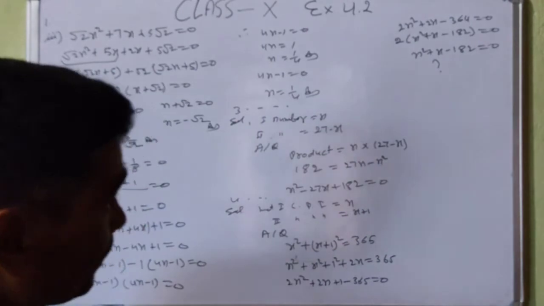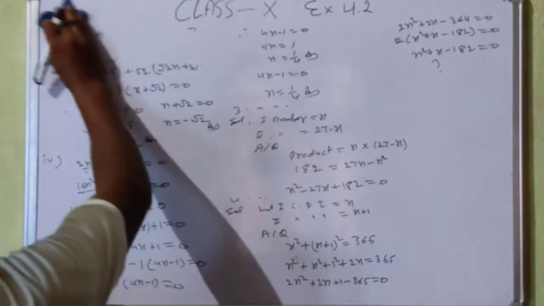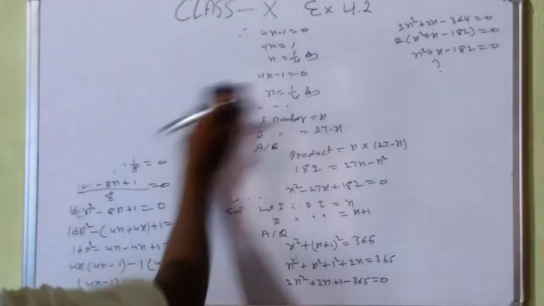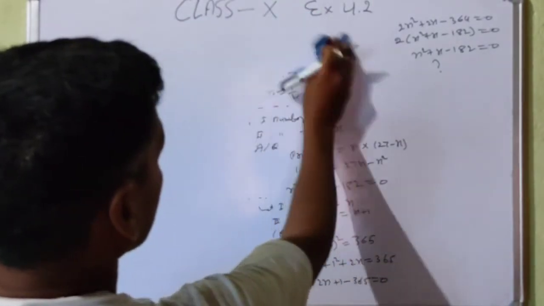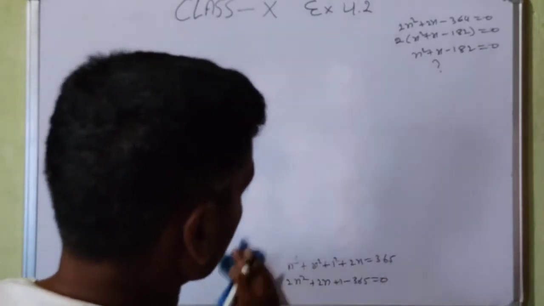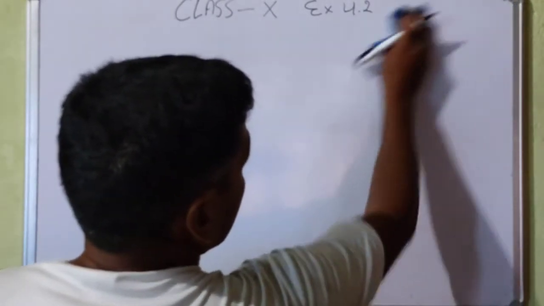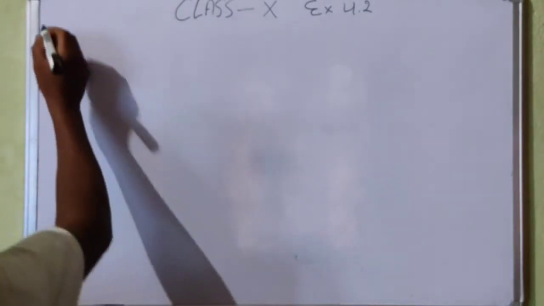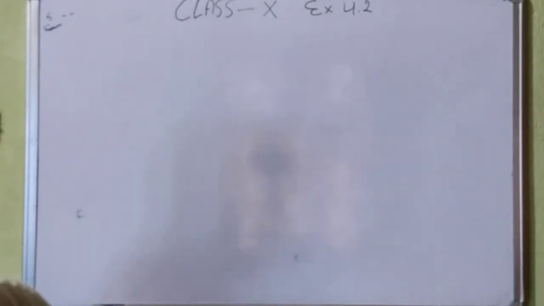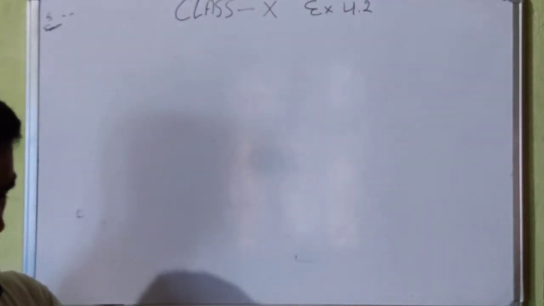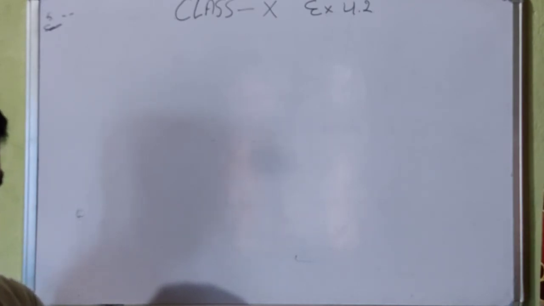And then the fifth question is also not difficult. Fifth question: the altitude of a right angle triangle is 7 centimeter less than the base.